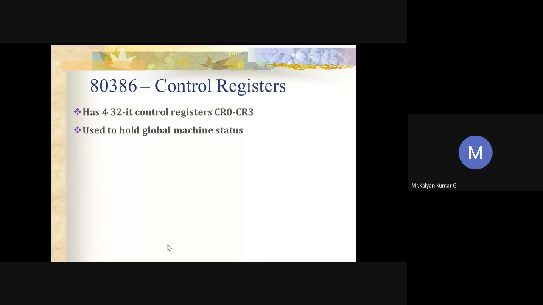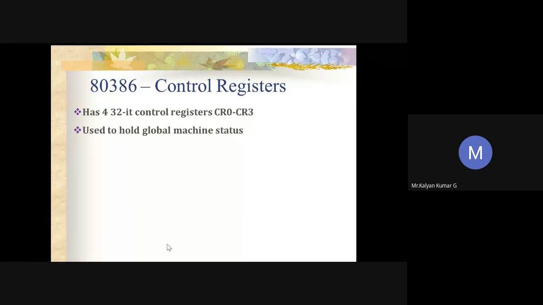Control registers. Apart from this, we have something called control registers. The 80386 processor has 4 32-bit control registers. I have a diagram, so later I'll show you all the registers together. The 80386 processor has 4 control registers named CR0 to CR3.